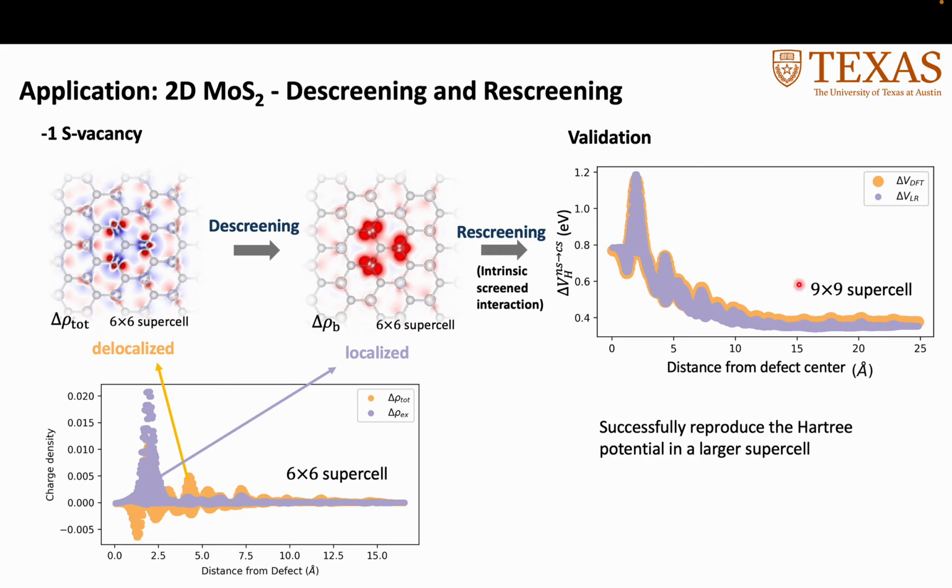Here we use 9x9, and we use the intrinsic screening interaction to finish the rescreening process, so we can get the potential. In order to validate, we compare the DFT directly calculated potential with the potential calculated using our model. It matches very well, which means our method can successfully reproduce the Hartree potential in a large supercell.